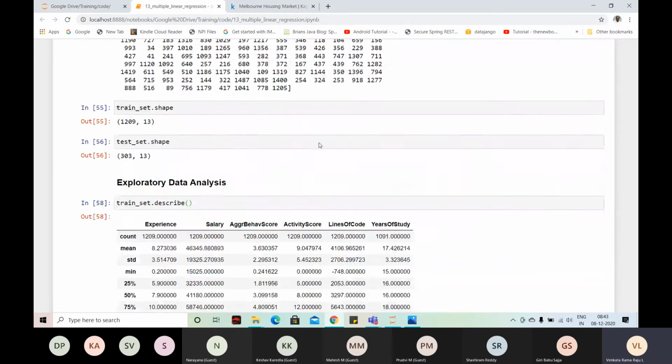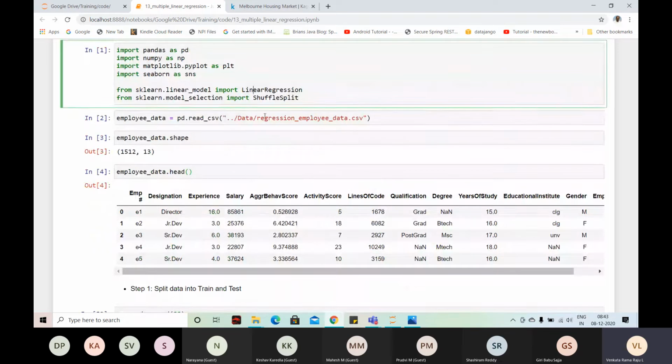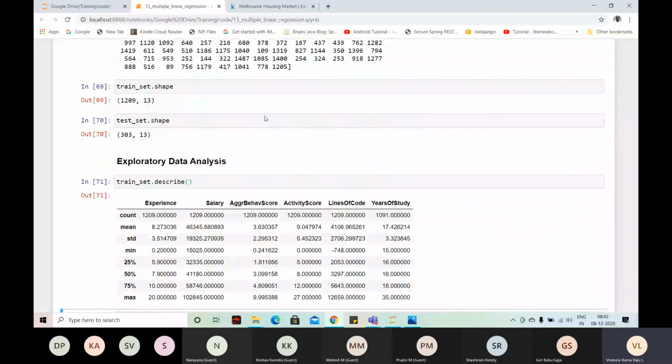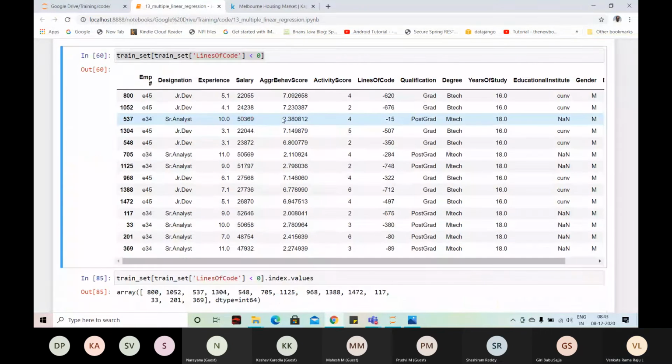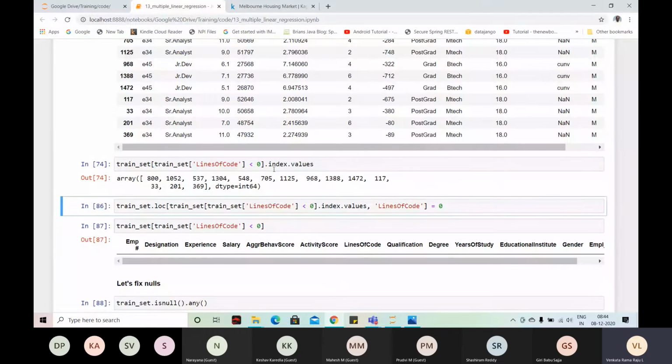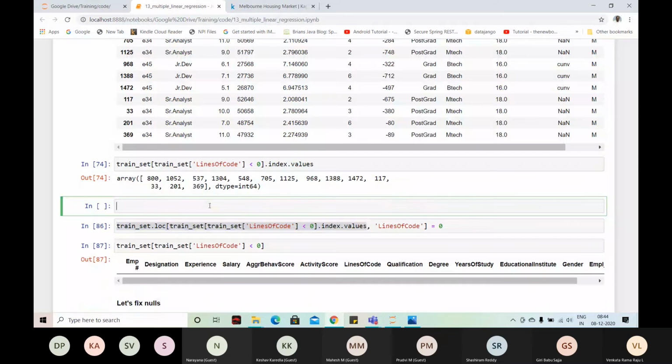I think I need to execute this again. Give me 1 second. I'll show something. Okay, so here these are the indexes. Now I'll take out LOC here.